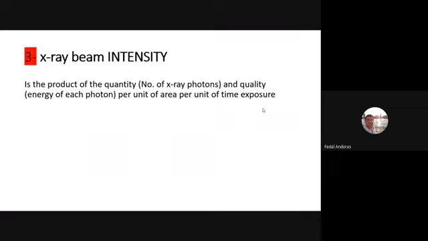I will start with the quality, which is governed by kV and will produce X-rays with higher energy and higher penetrating power. Quantity is governed by current and depends on the number of X-rays produced. Intensity is the product of both of these.